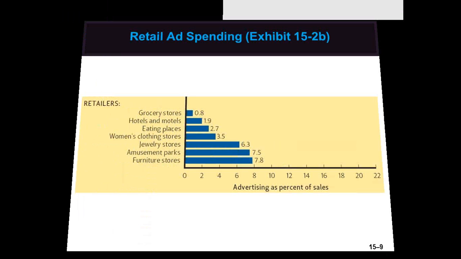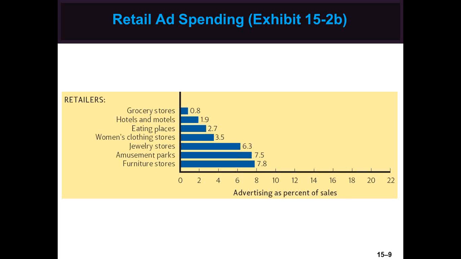Some types of retailers spend more on advertising as a percentage of sales than do other types. Total advertising expenditures are large, but the industry is not very big in terms of the number of people employed in advertising. In the U.S., only about 462,000 people work directly in advertising. Only about half of these people work for advertising agencies.